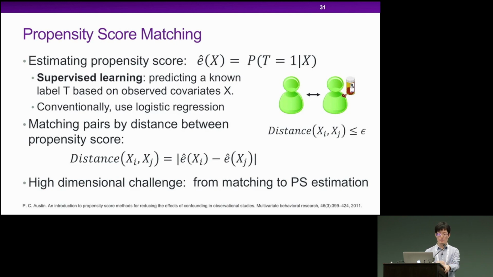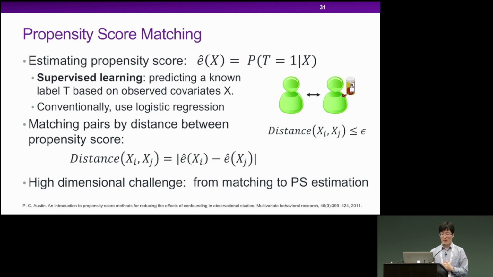If we can estimate the propensity score, we can match the pairs by the distance between the propensity scores. In matching, we calculate the distance between xi and xj, but here we only need to compare the propensity score of i and the propensity score of j. So this is the way to solve it.